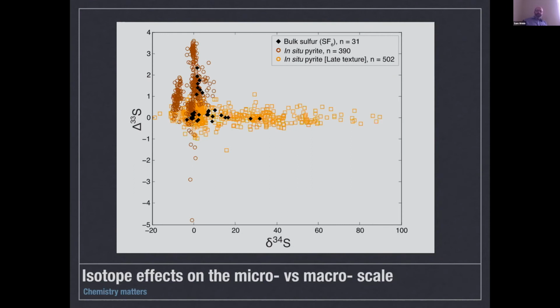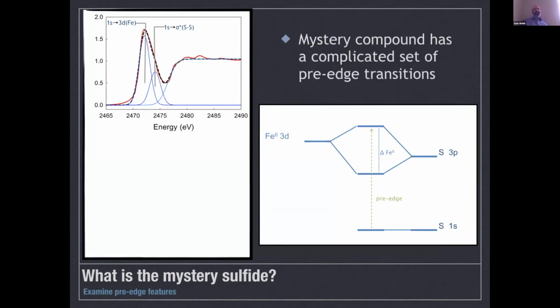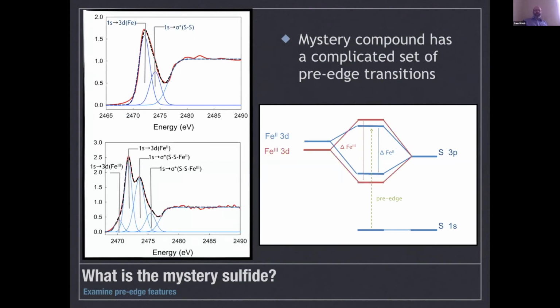So now, what does our mystery sulfide really say about it? And this is where we're going to do some calculations. When we look at pyrite itself, that pre-edge feature is actually a combination of two pre-edges: a 1s to 3d transition, and a 1s to the sigma star antibonding in the sulfide. Now, to get our mystery spectra, there we go.